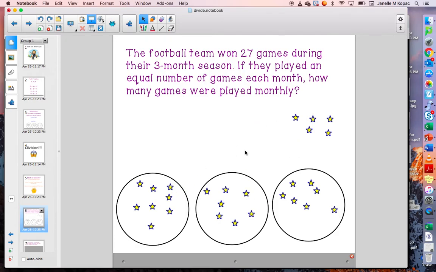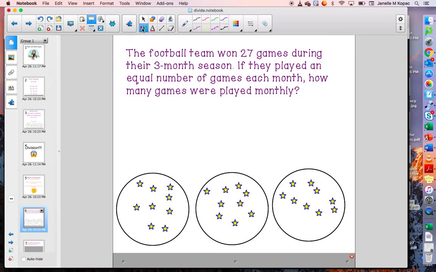And here is number 22, 23, 24, 25, 26, 27. So if I did this correctly, my groups should be equal, and I see each group has 9 stars in it.